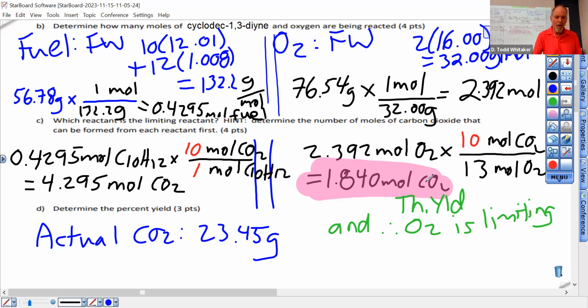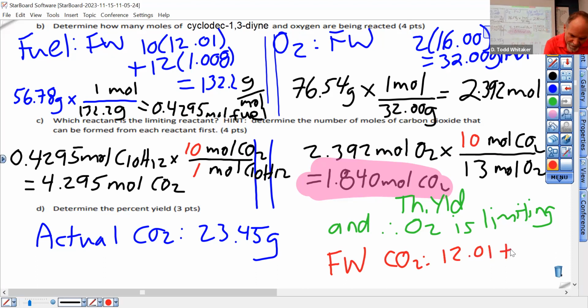Convert 1.840 moles CO2 to grams. And to convert anything to grams, you need what? Formula weight CO2. Don't just write down 44.01 grams per mole. You're going to lose a quarter point. You didn't show me how. 12.01. 2 times 16.00. 44.01.